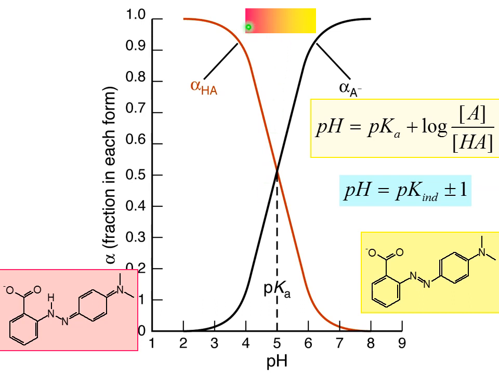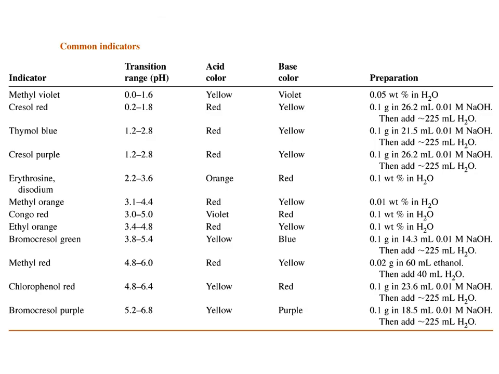And then different hues of red until you have pink red at pK minus 1. And after that, you see no changes. So the whole scale of pH change with one indicator is pK plus or minus 1, 2 units of pH.